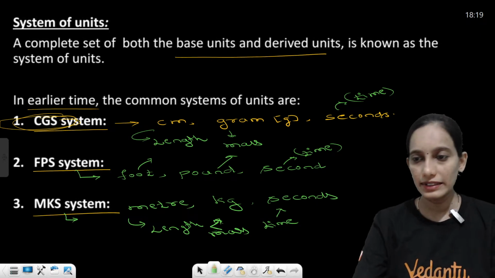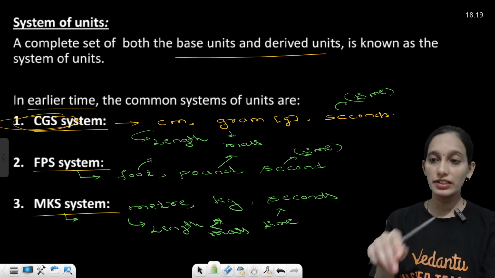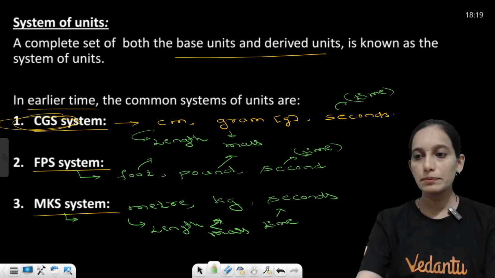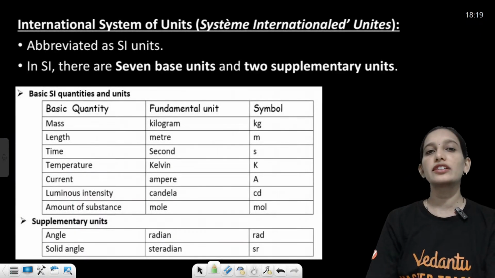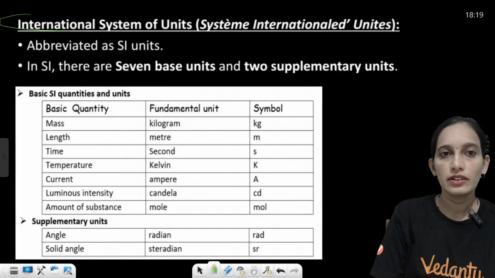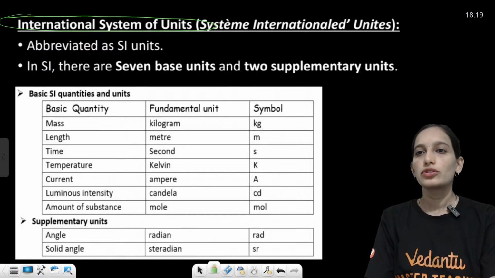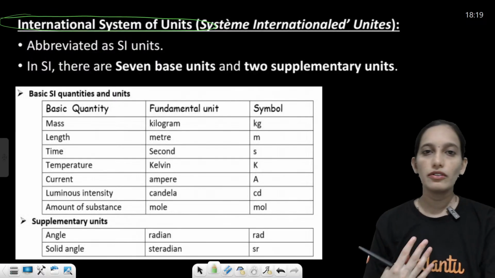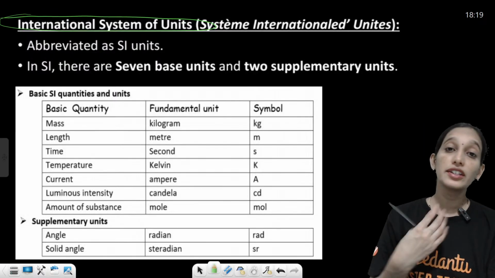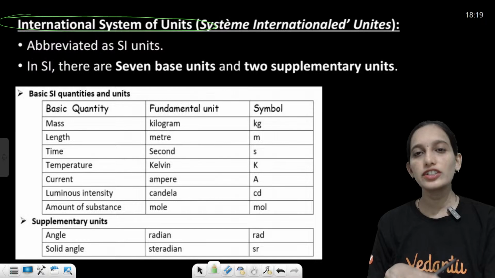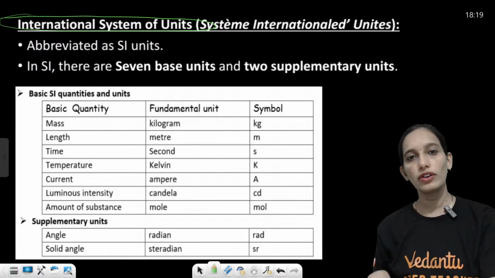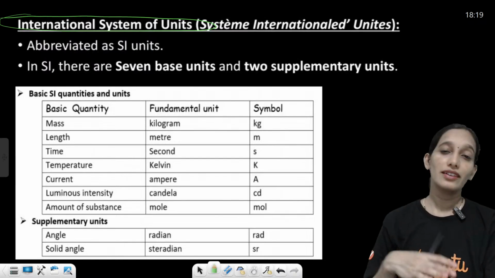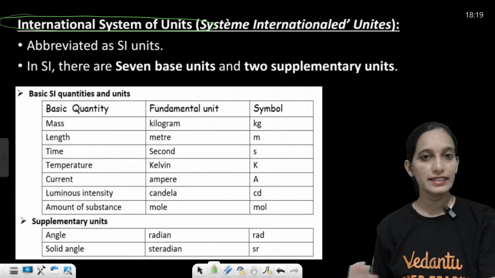But presently, the internationally accepted system is the International System of Units. It is defined by the International Bureau of Weights and Measures and accepted all over the globe.